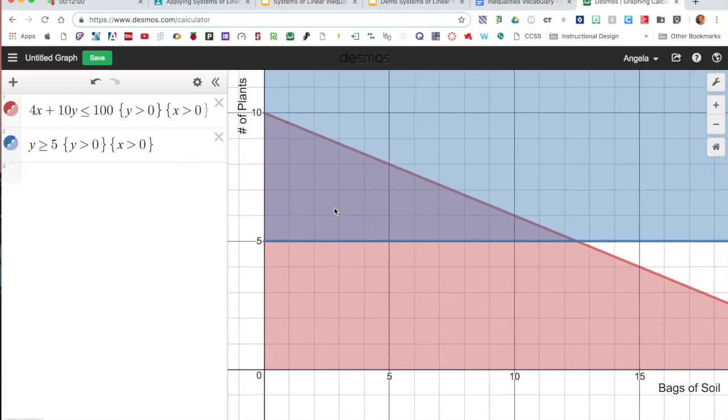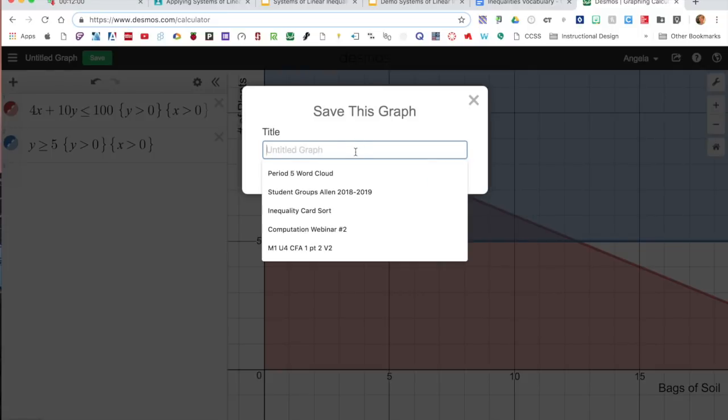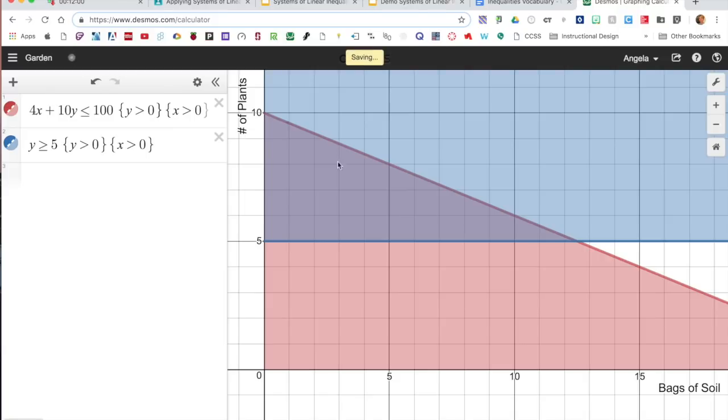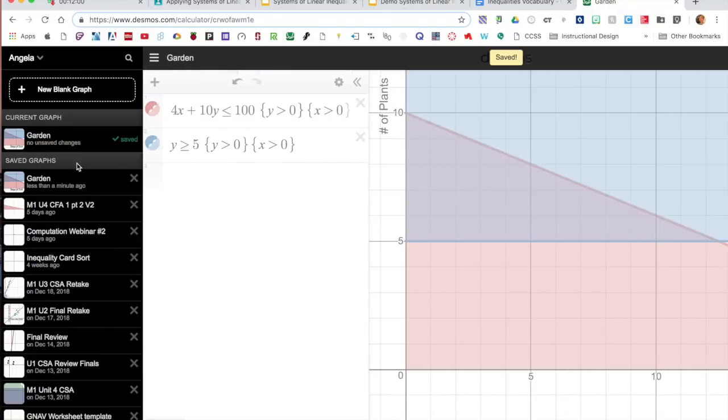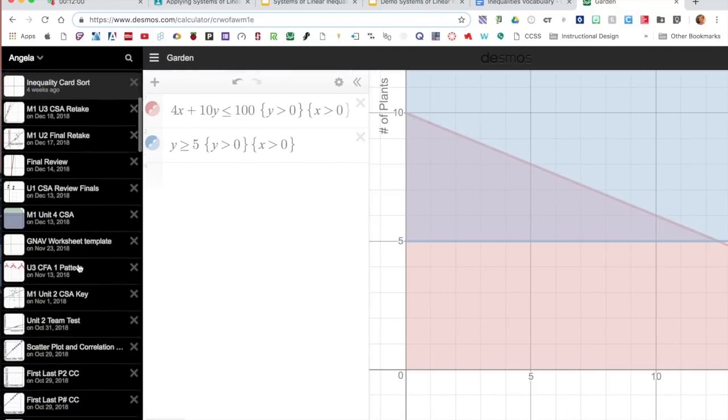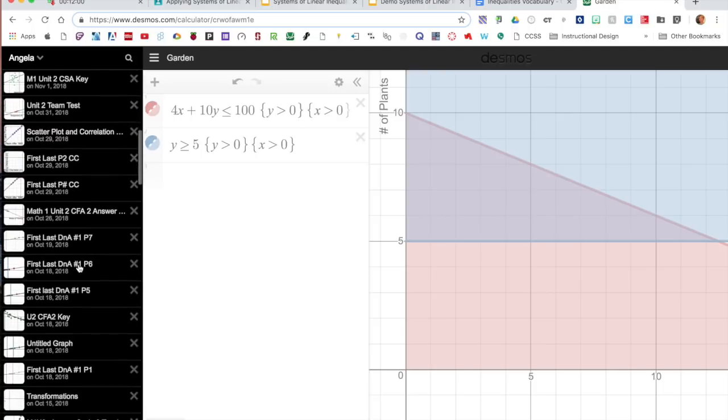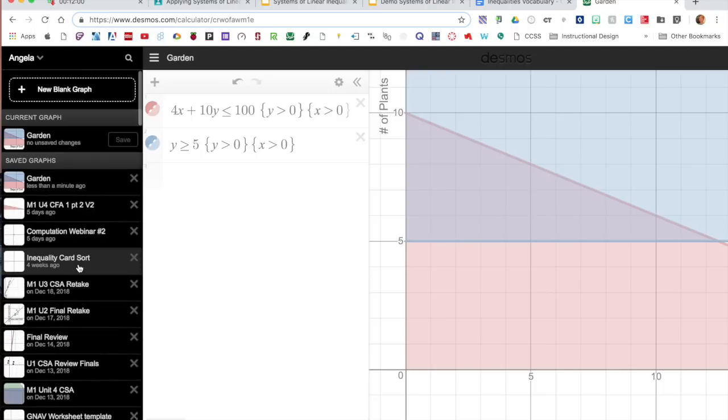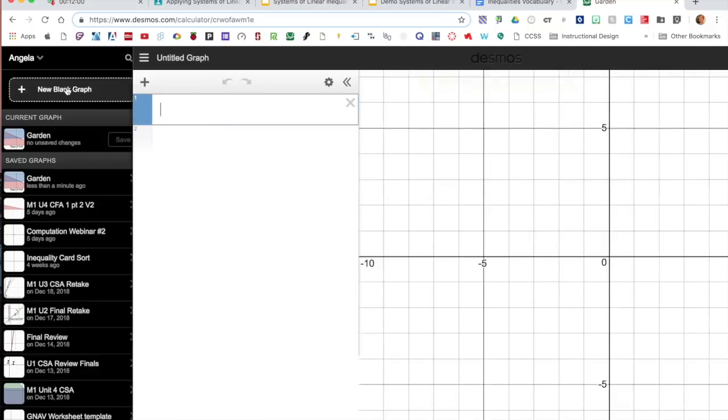Now, when we solved a system of linear equations, we were looking for a place where we had two lines that overlapped. So if I look for a system of linear equations, I can just make one really quickly.